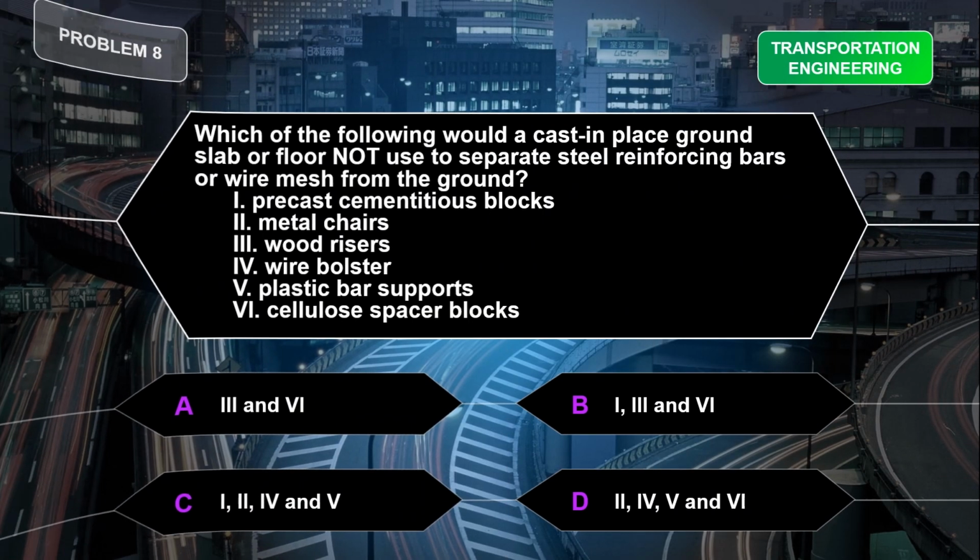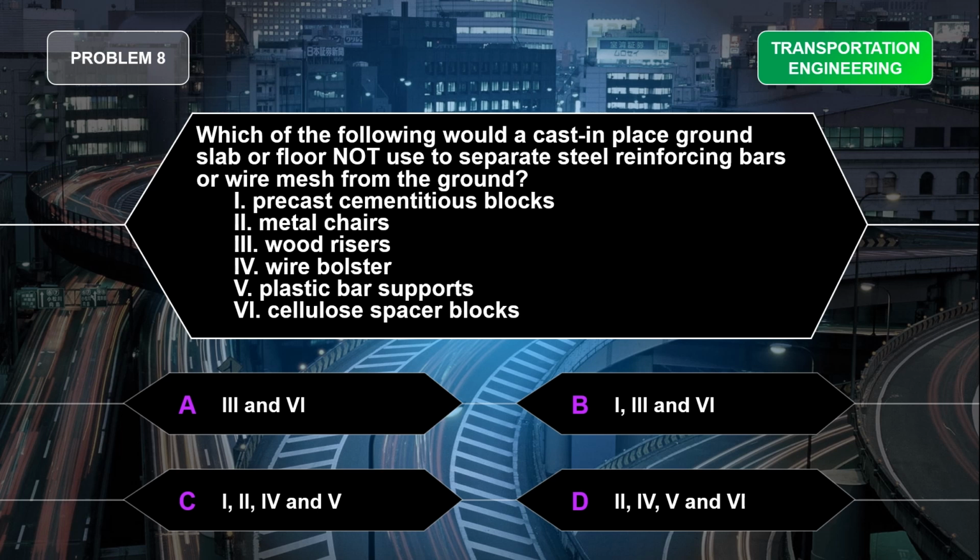Problem number 8. Which of the following would a cast-in-place ground slab or floor not use to separate steel reinforcing bars or wire mesh from the ground? 1. Precast cementitious blocks. 2. Metal chairs. 3. Wood risers. 4. Wire bolster. 5. Plastic bar supports. 6.